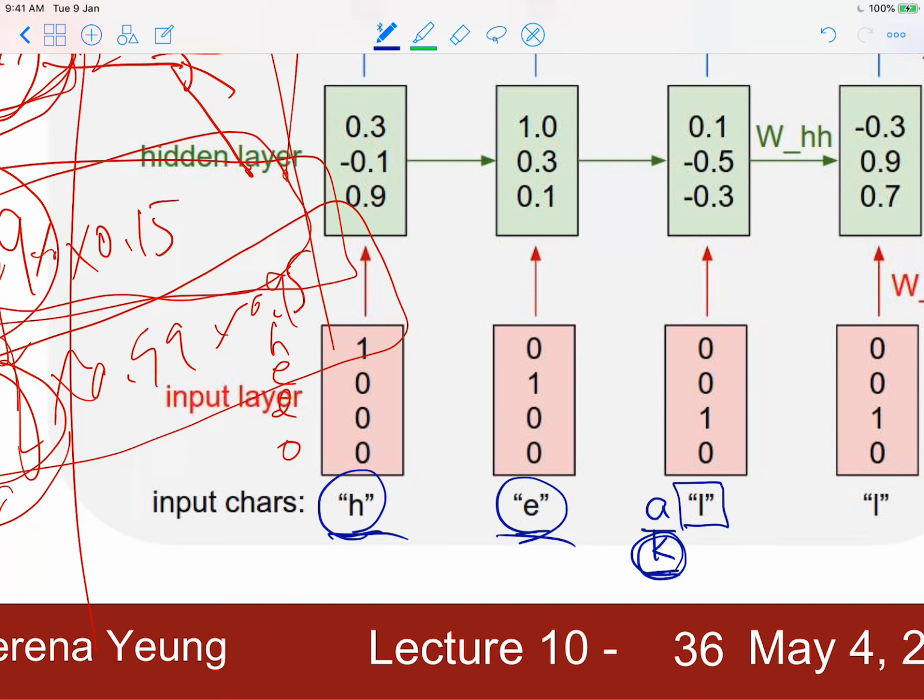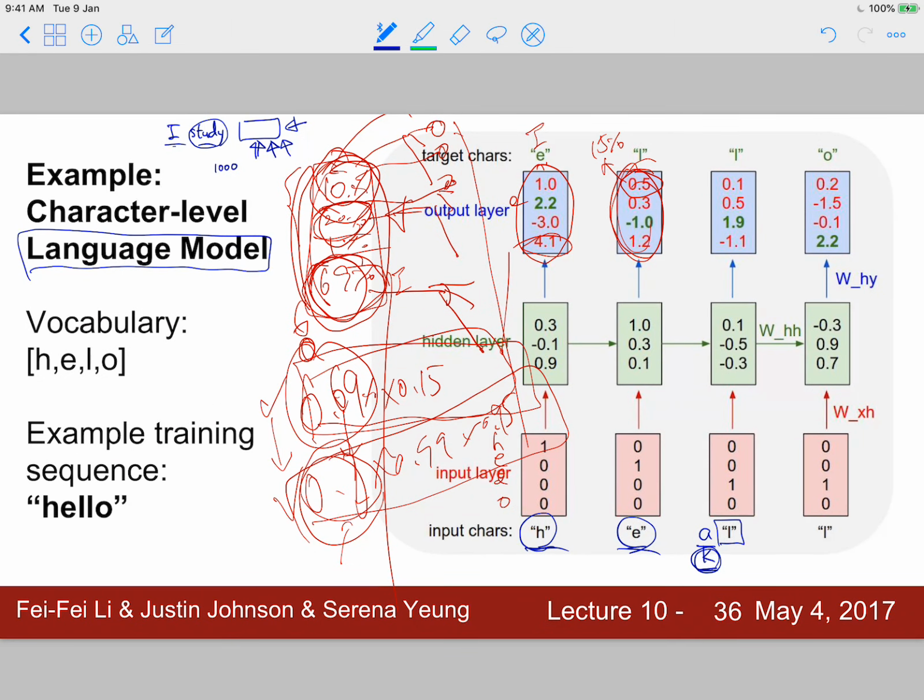So that is also the language modeling task at a character level. So this RNN model basically performs this language modeling, okay?